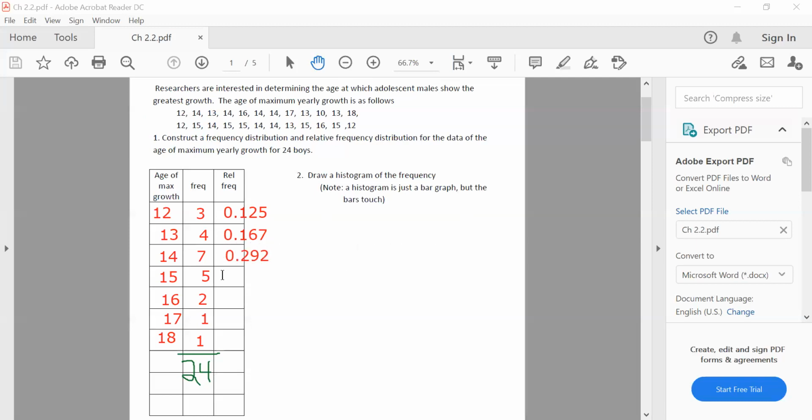We'll round to 3 decimal points in each case. And we're getting some good data here, 3 decimal points. So there we go.